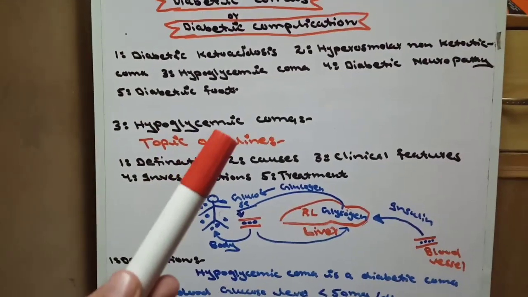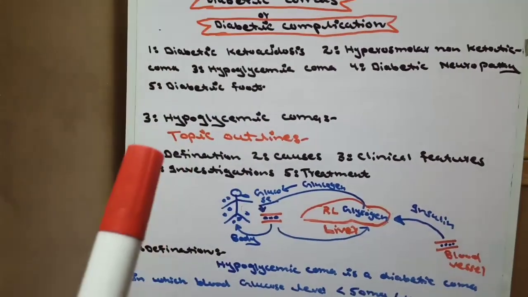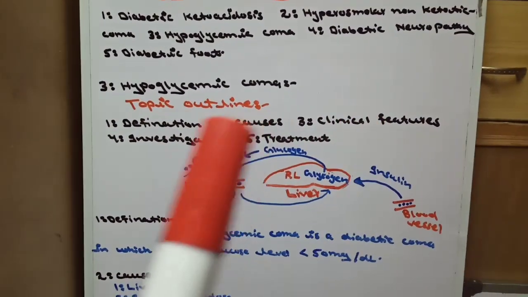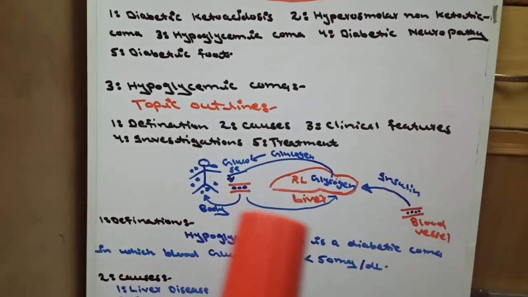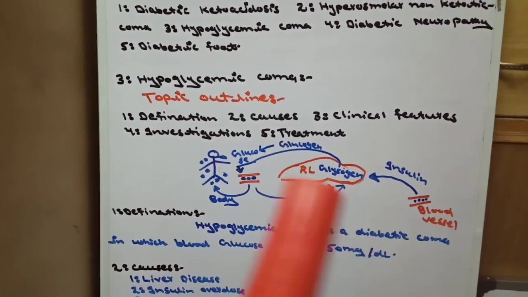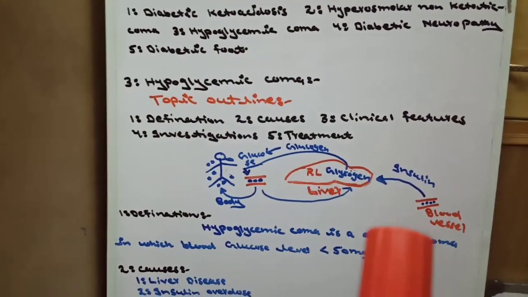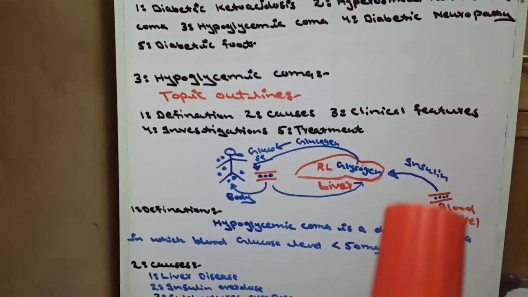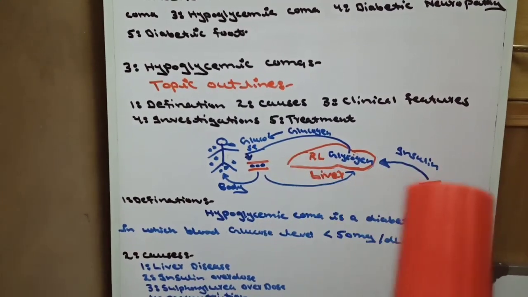Now hypoglycemic coma. In hypoglycemic coma, the topic outline includes definition, causes, clinical feature, investigation, treatment. First we should know the normal mechanism of insulin and liver. Normally when we eat a meal, from our blood vessel, glucose is carried to the liver by insulin.